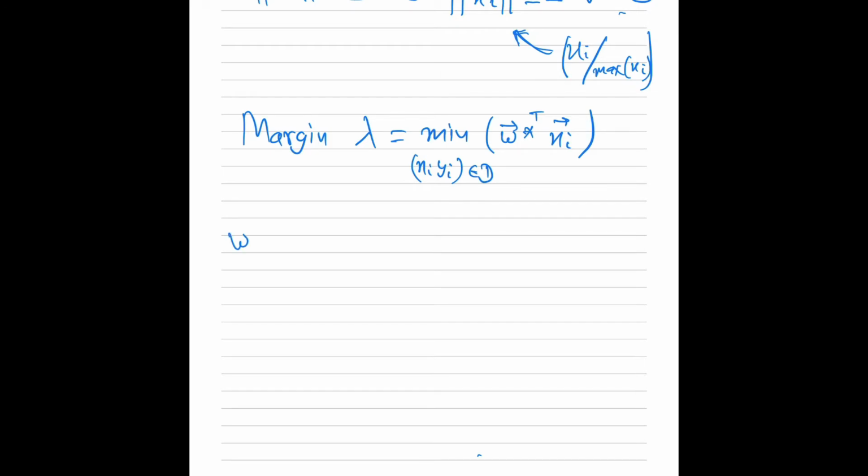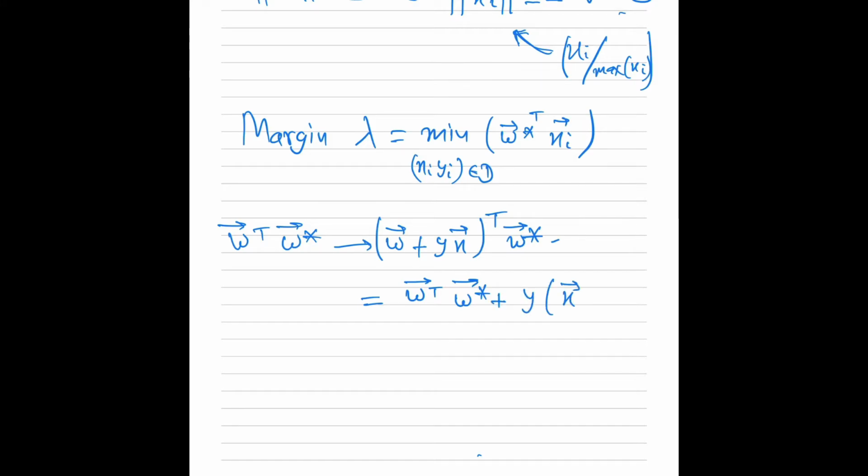Substituting the update, I get (w plus y x) transpose w star, which is simply w transpose w star plus y x dot w star, and this is clearly greater than or equal to w transpose w star plus lambda.